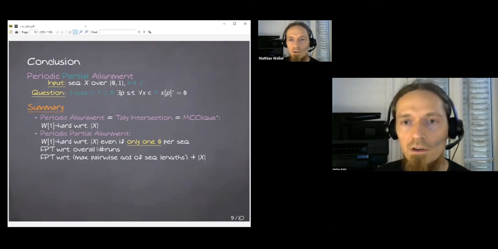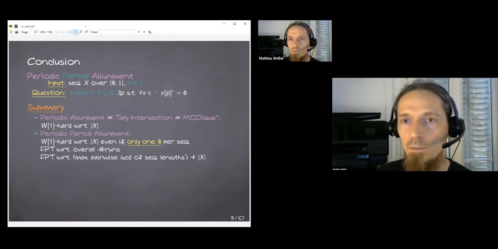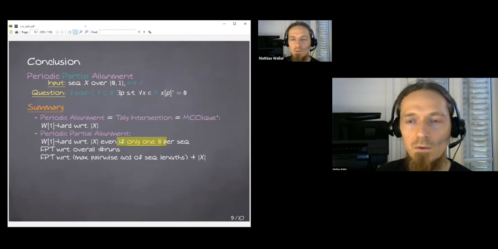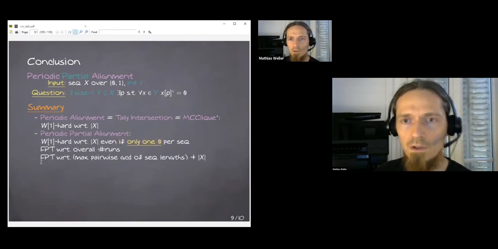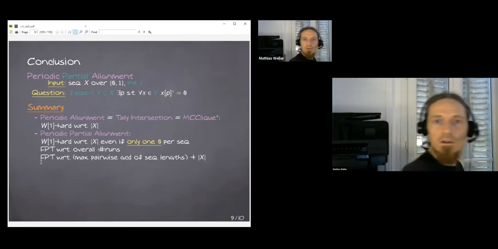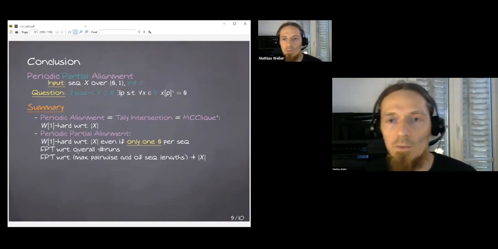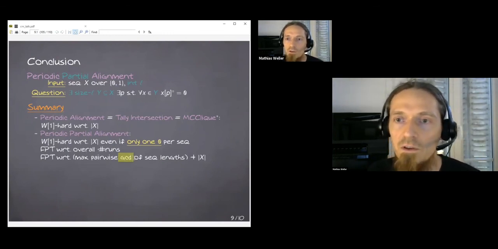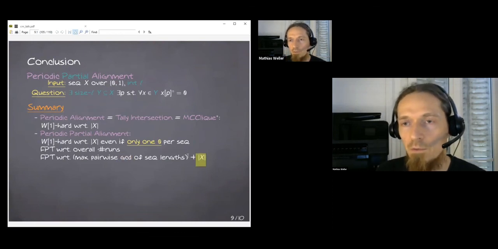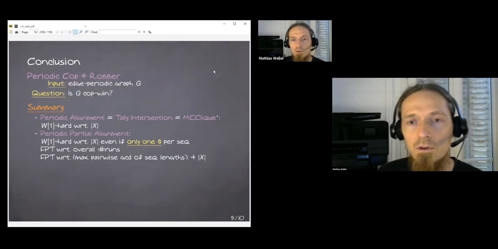In particular, FPT with respect to the overall number of runs, because with this condition here, we only have 2 runs per sequence, but for the overall number of runs you get FPT. And we also have FPT with respect to the pairwise GCD plus the number of sequences. This is also from the reduction to clique that I presented.